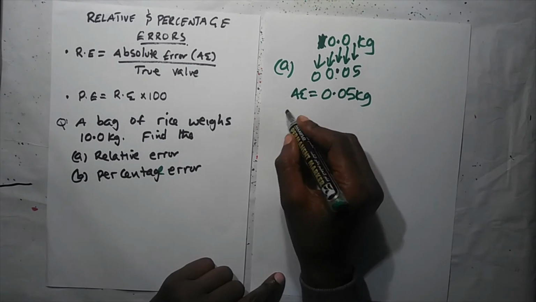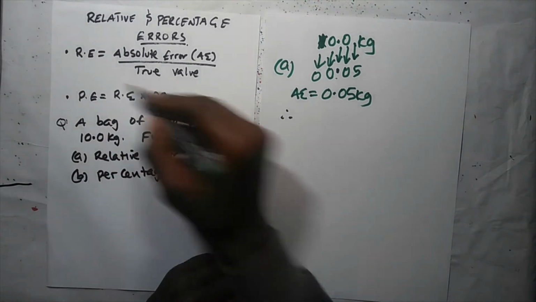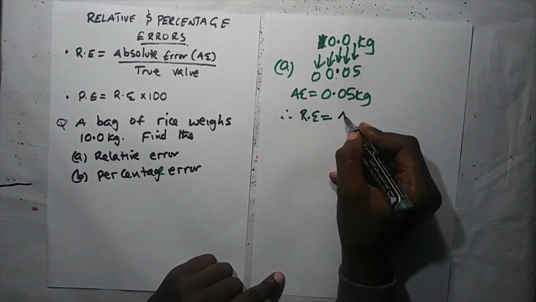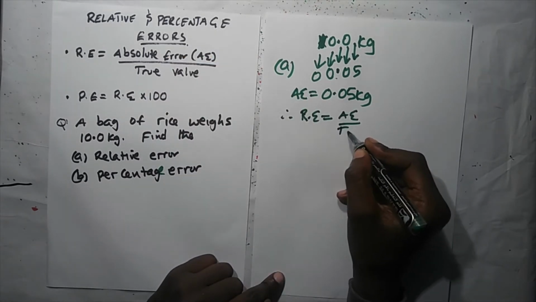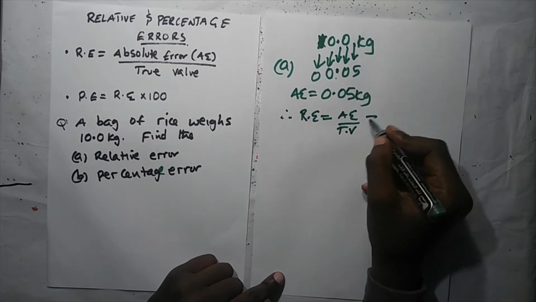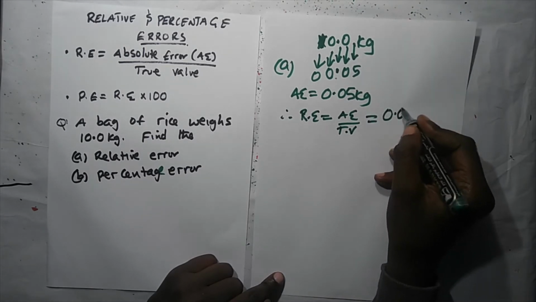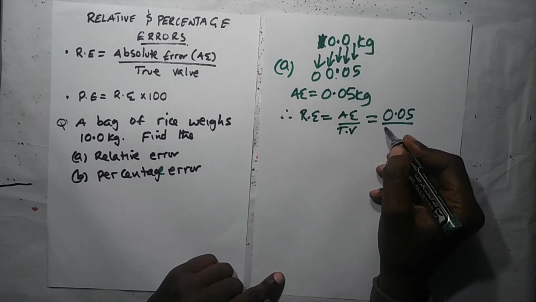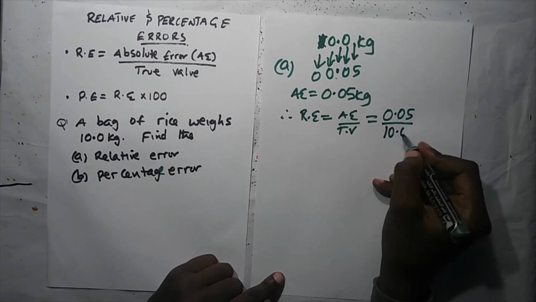And therefore, according to the formula, relative error is equal to absolute error over the true value. Here, the absolute error is 0.05, and the true value is 10.0.